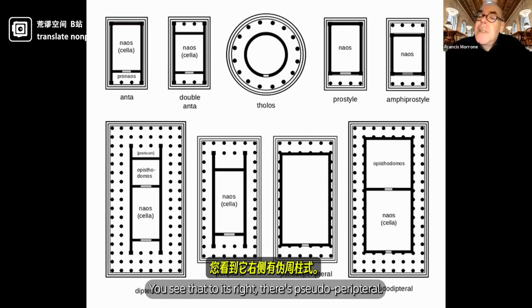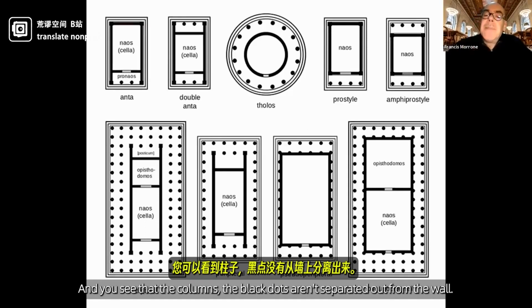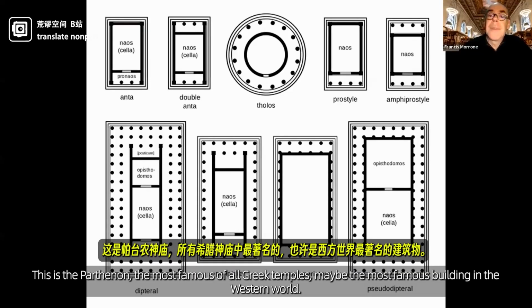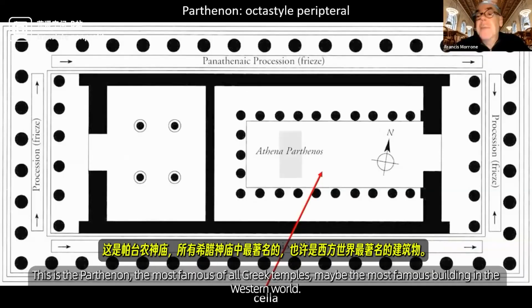You see that to its right, there's pseudo-peripteral, and you see that the columns, the black dots, aren't separated out from the wall. The black dots are kind of embedded in the wall, sort of half embedded in the wall, pseudo-peripteral.